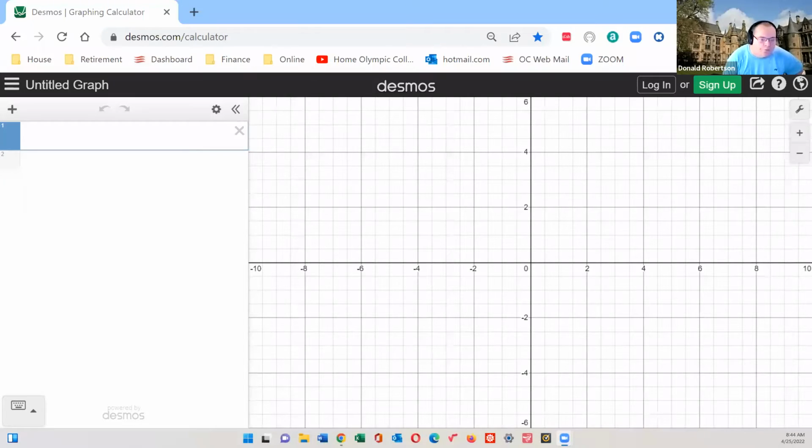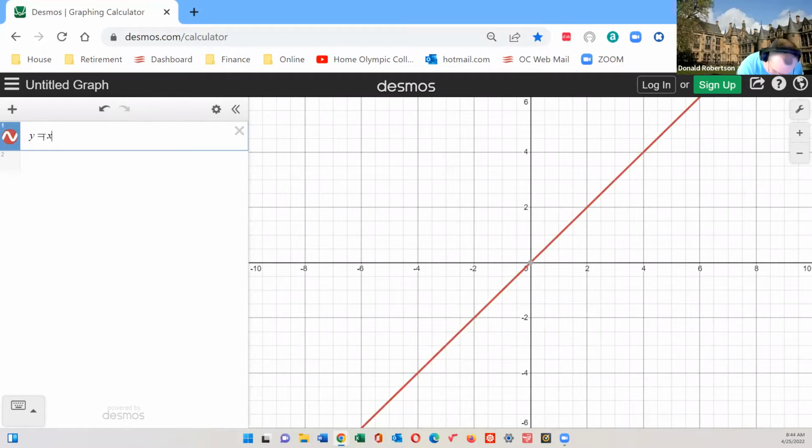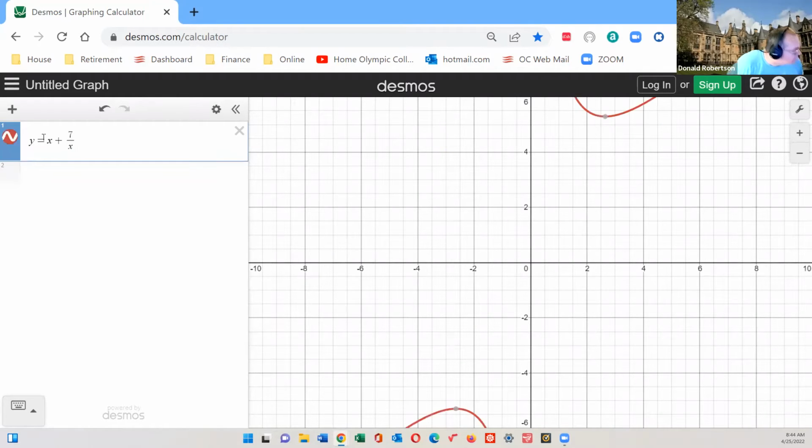So I'm going to put in the original function and the equation of the tangent line. And I want to, hopefully, are you looking at Desmos right now? Oh, good. So I want those two to meet at the point 7,8, like a tangent should meet, right? Not cutting it, but just glancing it and moving on. So there's an x plus a 7 over x. Pretty ugly function.